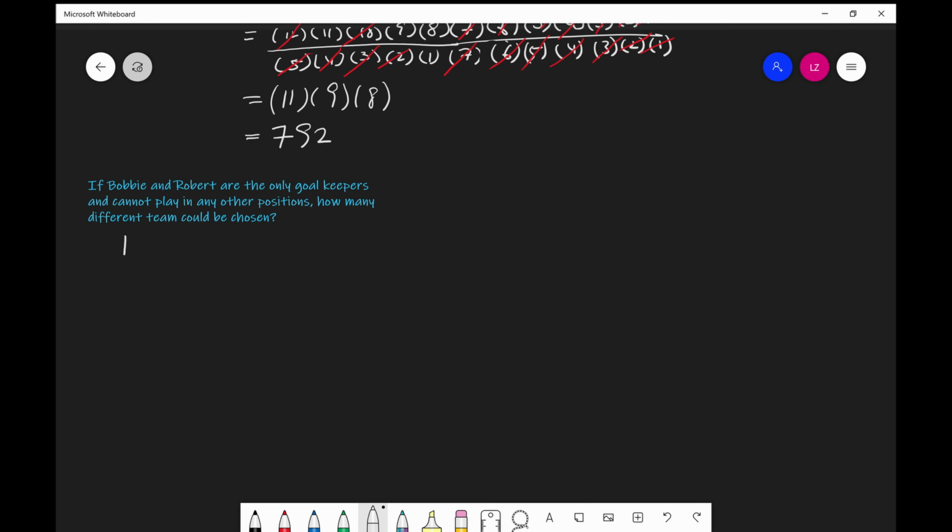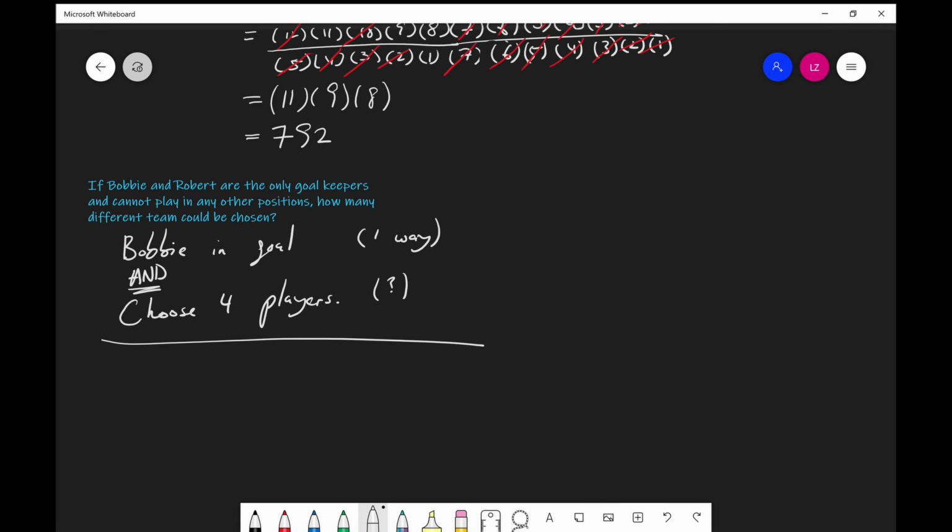So, we can have Bobby in goal, which is one way. And, remember, product principle, choose 4 players, because you have to fill up the team of 5. And we don't know how many ways that is.